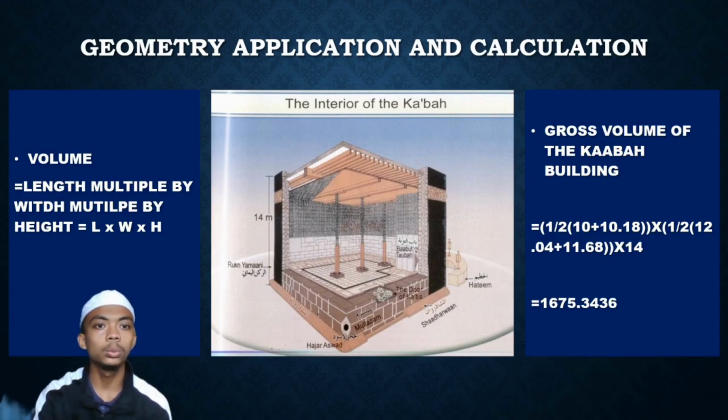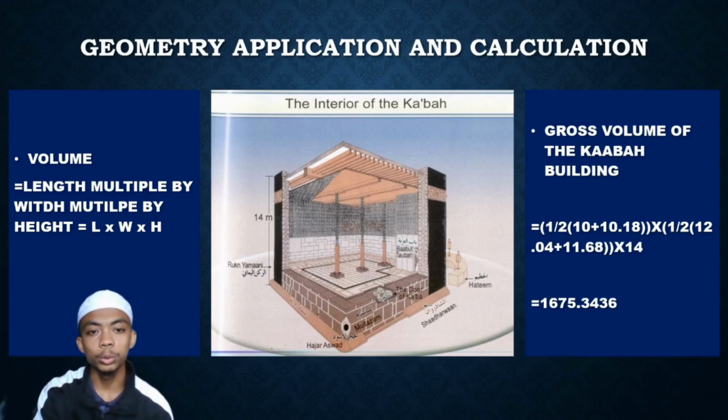In this part, I will discuss the volume formula. To calculate volume, we will need to multiply length by width and height. From that, we can calculate the gross volume of Kaaba like the formula on the right side of the page.